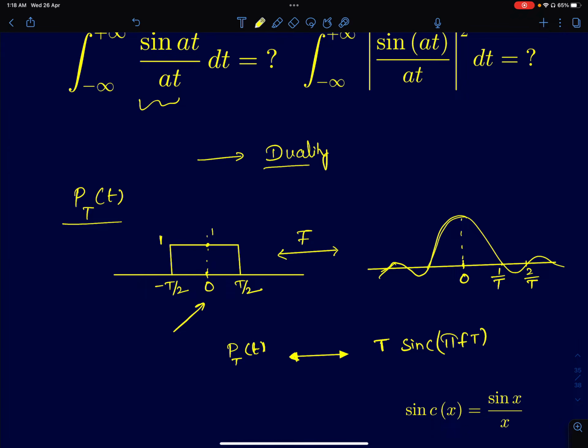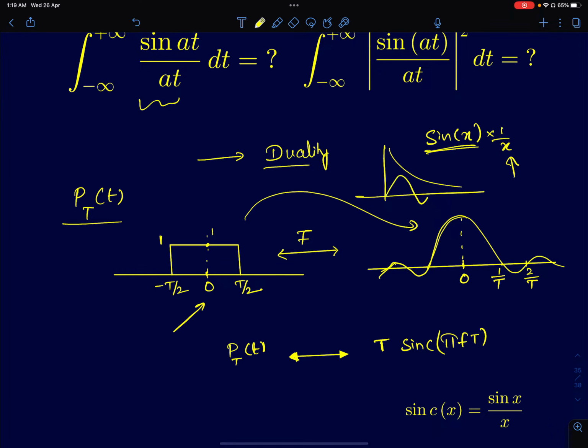Now, one can use some mathematics to calculate the Fourier transform. I'll directly quote the final result. The Fourier transform of a pulse function happens to be a sinc function. It's nothing but a sinusoid, sin x, multiplied by 1 by x. 1 by x is a hyperbolic function, and you're multiplying this with a sinusoidal function.